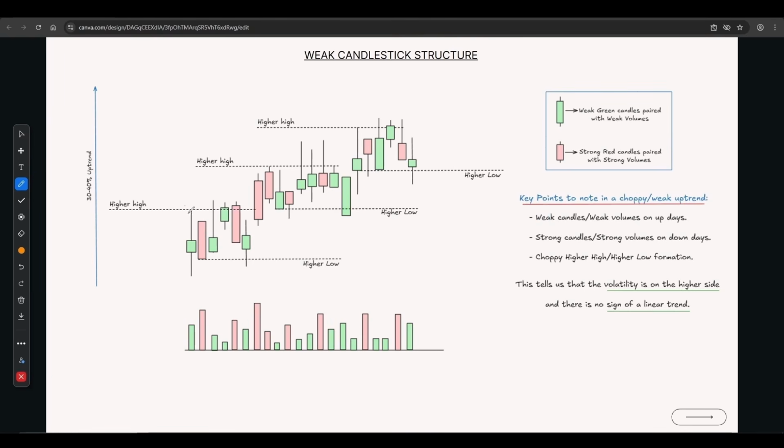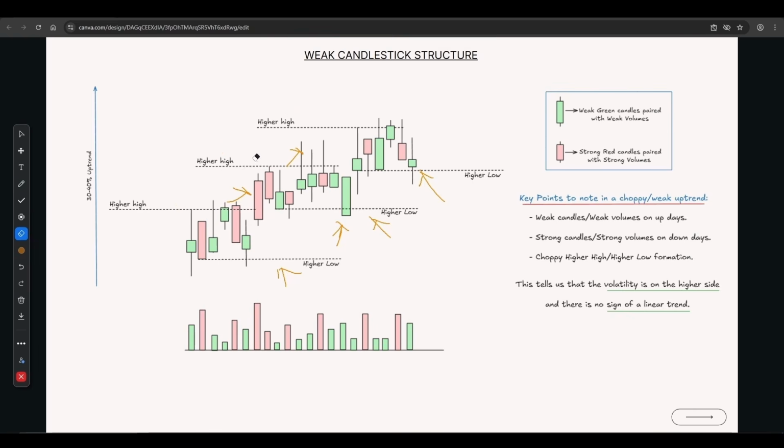Like we discussed previously, this is the exact opposite, where the price structure is filled with volatility. The price will go up by making higher highs and higher lows, but it will not respect the supply and demand zone levels. Selling pressure is happening at random areas, the buying pressure is happening at random areas, and there is no linearity in the price structure.